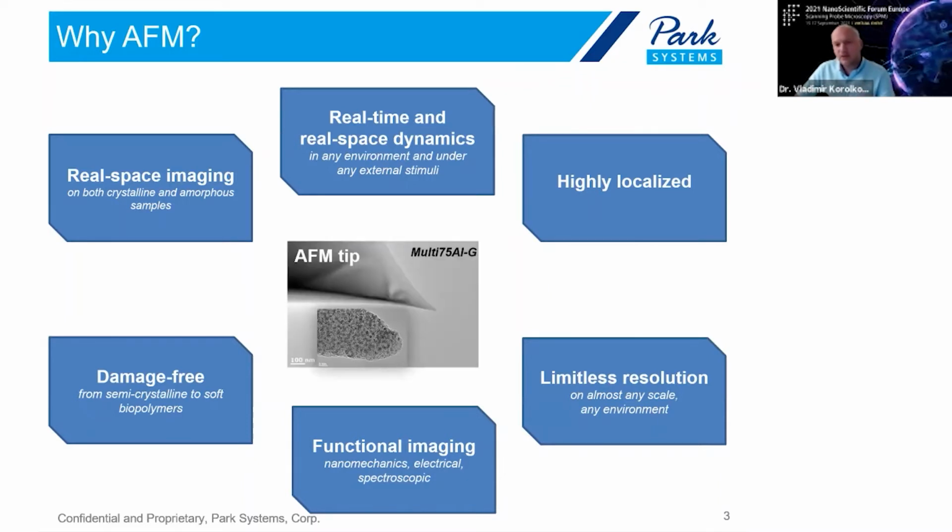At the heart of all that is the AFM probe. This is a TEM image of the very same type of probe that I used for the majority of the data I will show you on the next slides.